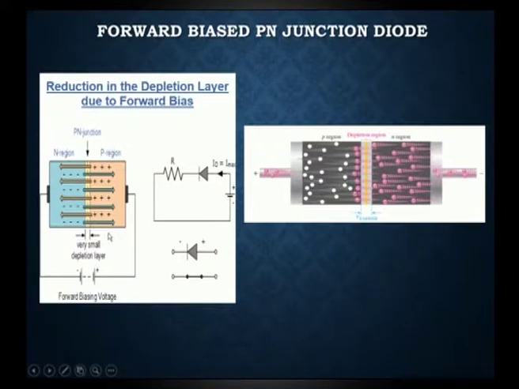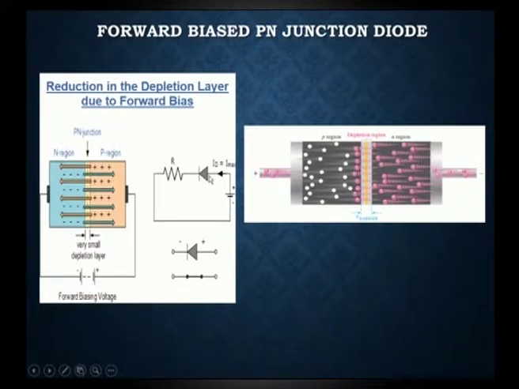It is very interesting. If we connect the p-n junction in such a way that the p region is connected to the positive terminal of the forward biasing voltage and the n region to the negative terminal of the forward biasing voltage, this form of connection leads to a forward bias of a diode. This is a circuit symbol that we can represent with the help of a series resistance, and this is a diode symbol.